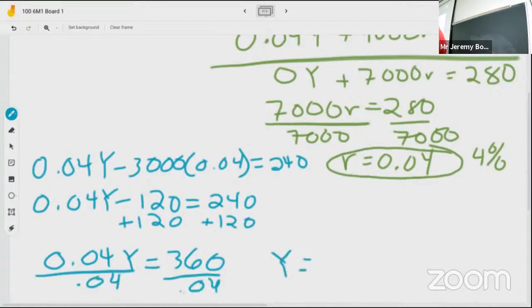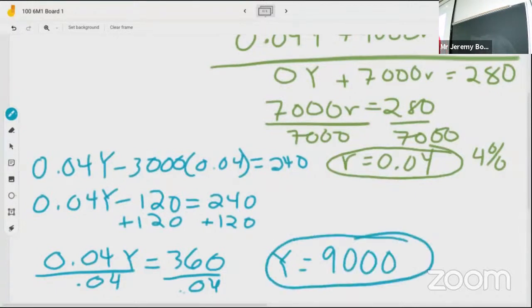So y is going to equal 9,000. So at an interest rate of 4% or 0.04 and an income of 9,000, those two models are going to intersect each other, and that's where the equilibrium lies. So that is how we can solve using a system of linear equations.